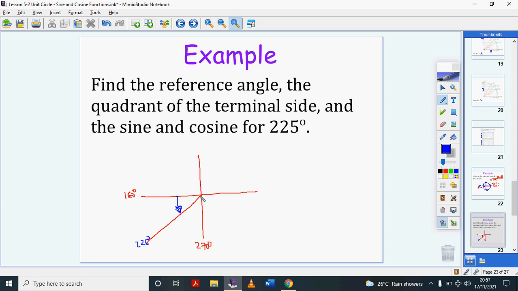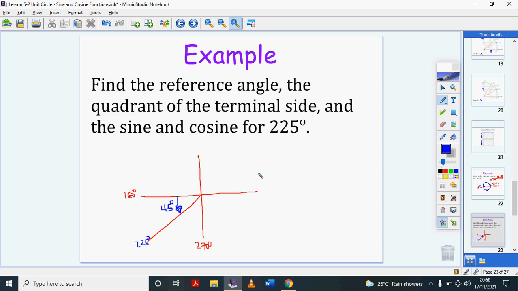Many of you will be tempted to use this angle. It is wrong. It has to be the angle with the x-axis. So to get this angle, I'll just get 225 minus 180, which is 45 degrees. So the reference angle for this is 45 degrees, right?